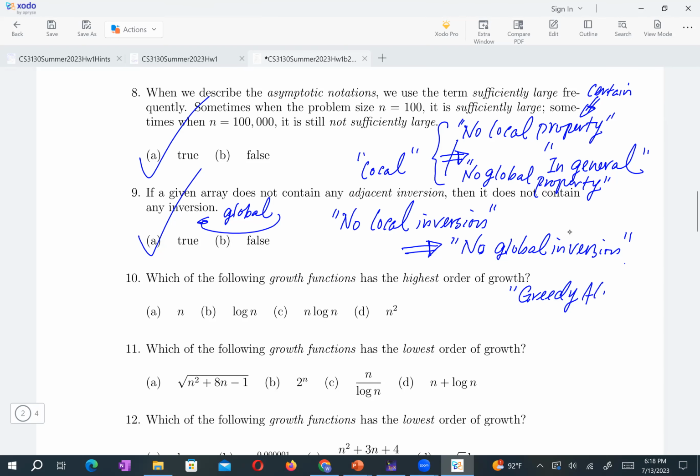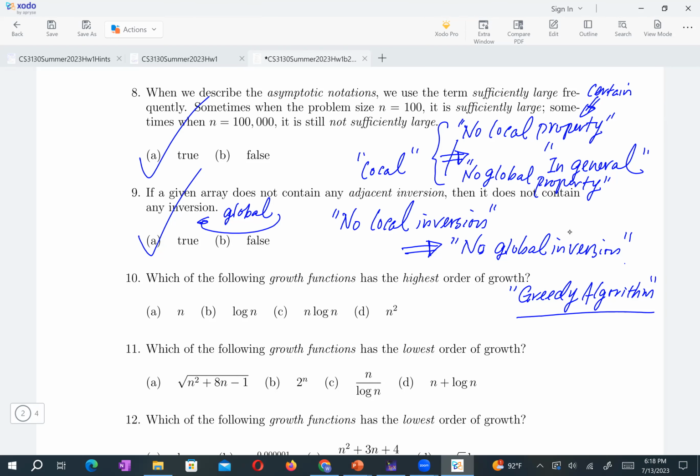When we derived Horner's rule, we used a greedy algorithm. We do factorization as much as we can. We do some special manipulation as much as we can. That's the greedy algorithm.